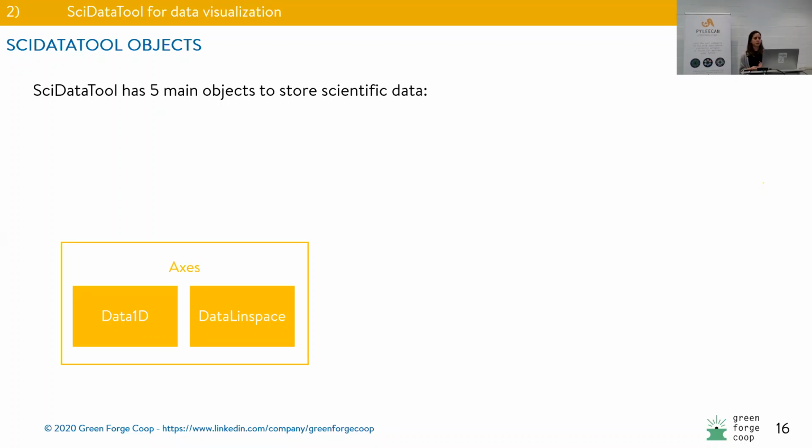And we also have DataLinspace, which allows you to store it as just the initial value, the last value, the number of elements, and that's it. So that's 3 floats instead of a whole vector. It also has metadata. For example, you can set a name, a unit, a symbol, and then when you extract the data, you can get this metadata as well to do some very nice plots with automatic labels and so on. So we have these axes.